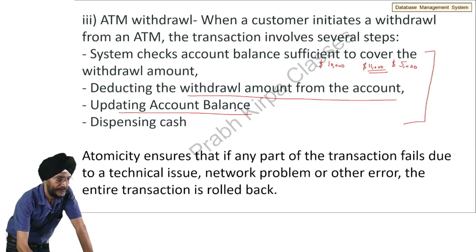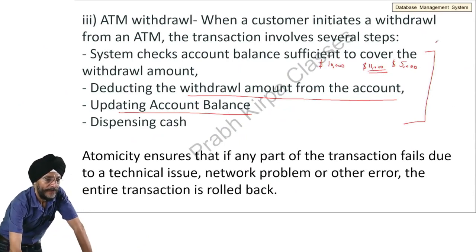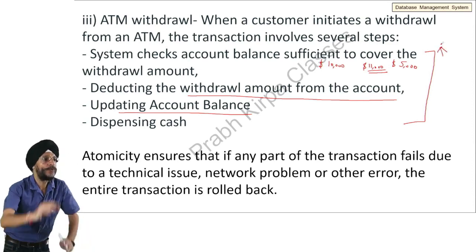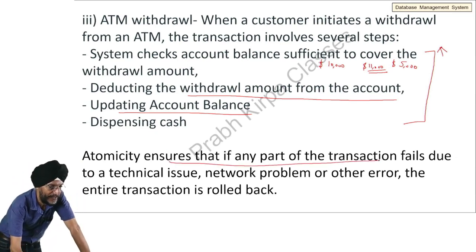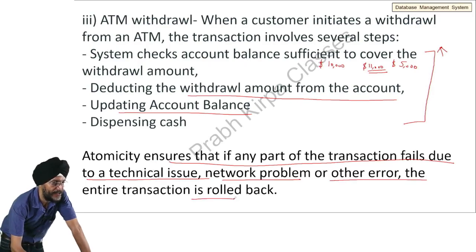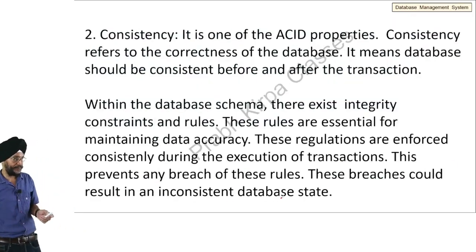That is, you will be placed in the first position, from wherever you started. Atomicity ensures that if any part of the transaction fails due to a technical issue, network problem, or any other error, the entire transaction is rolled back.